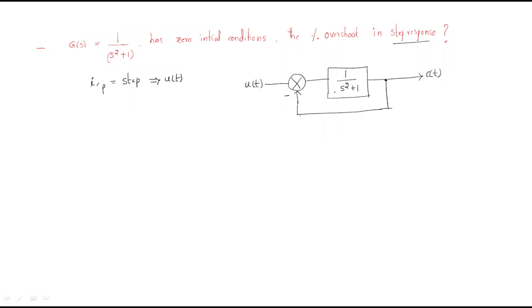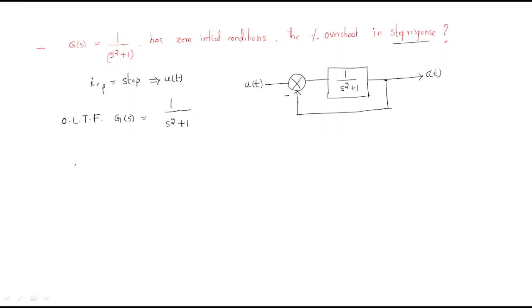In order to find the overshoot, first look at this: it is a second order system, but the given G(s) is the open loop transfer function, that is 1 by s square plus 1.